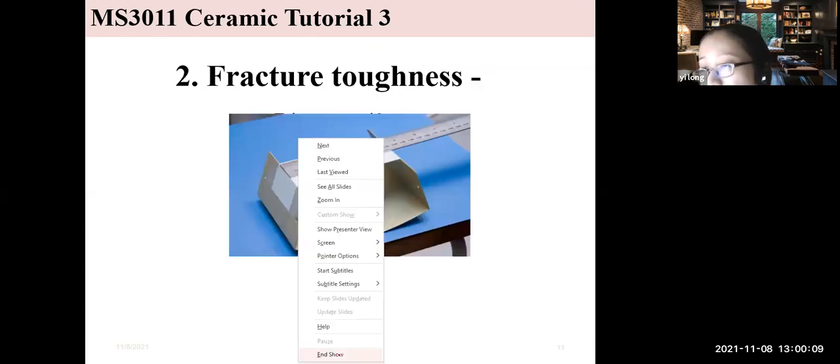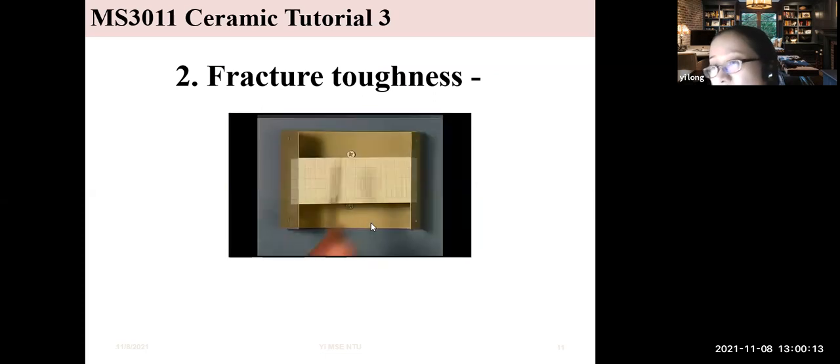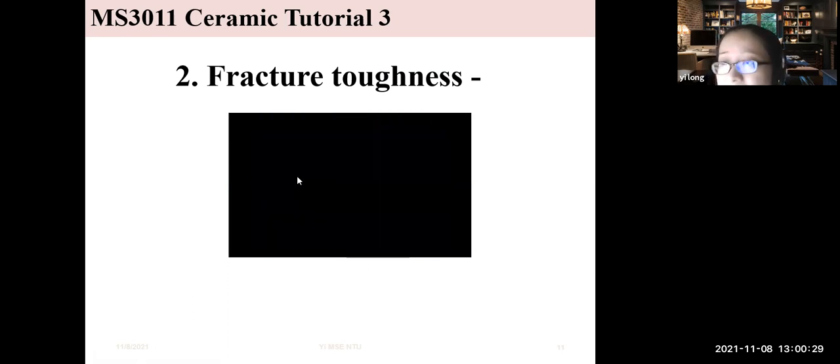This question is actually very similar to what you have seen here, right? We say hey, in this video, this crack is still too small. This crack, again, not big enough. Only when the crack reaches a certain size will it fail automatically, because the stress is actually fixed, right? That's question 3.